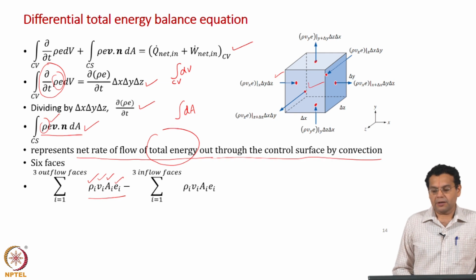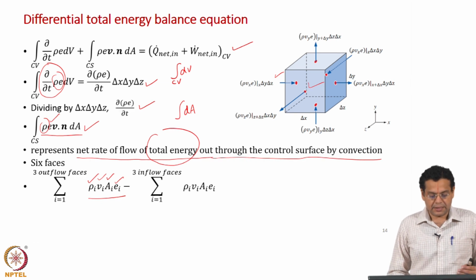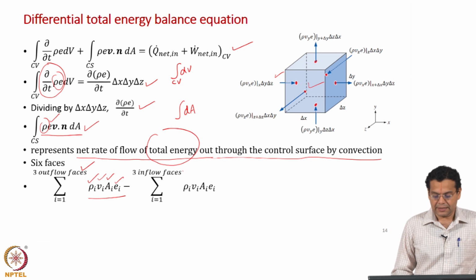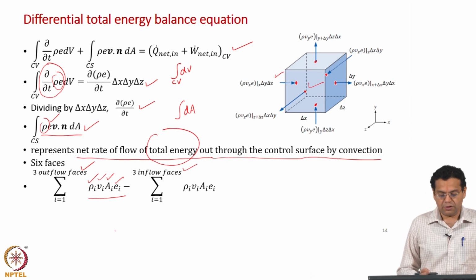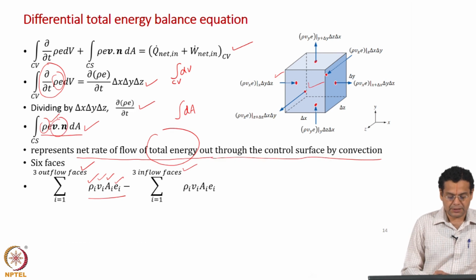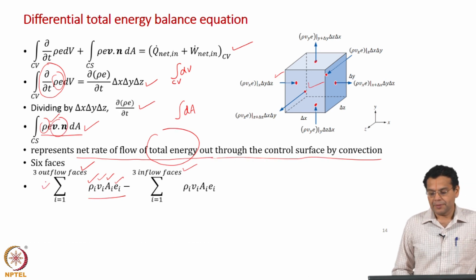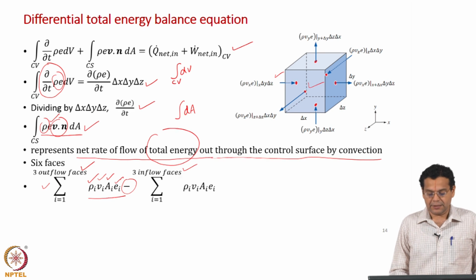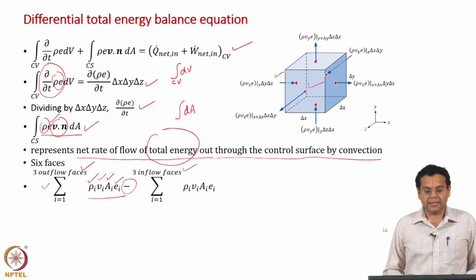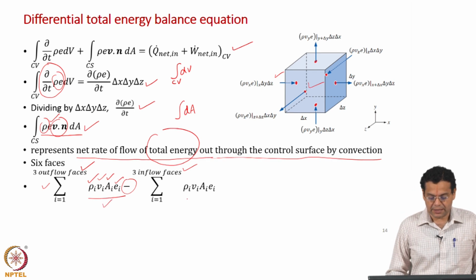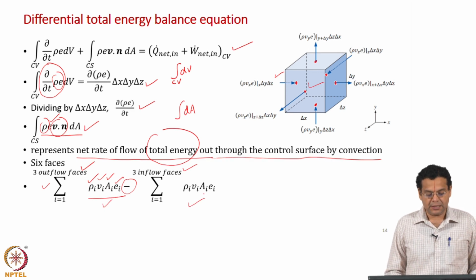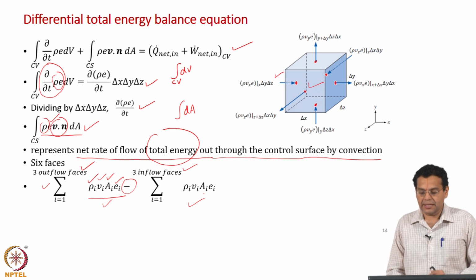This has to be written for 6 faces, 3 outlet faces and 3 inlet faces, and for the outflow faces V dot n is positive and that is why it is positive here, and for the inflow faces V dot n is negative and that has been taken care of explicitly. Okay. So, the integral of rho E V dot n dA has been expressed for the 6 faces in this expression, 3 outlet faces, 3 inlet faces.